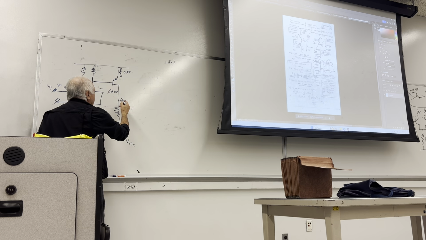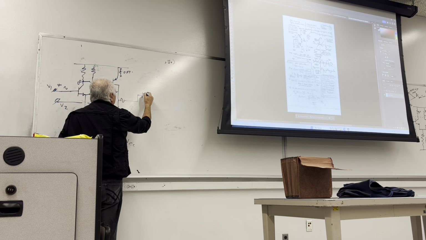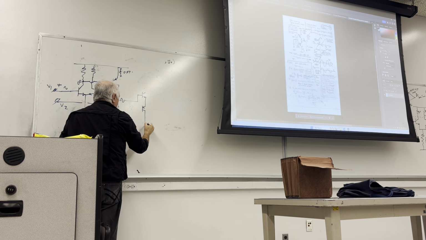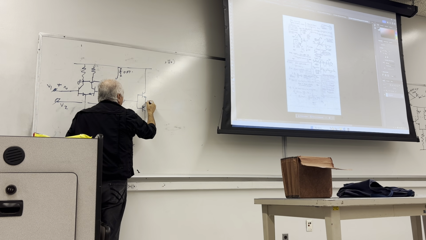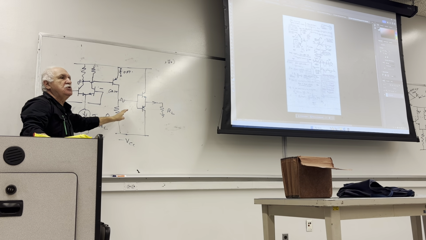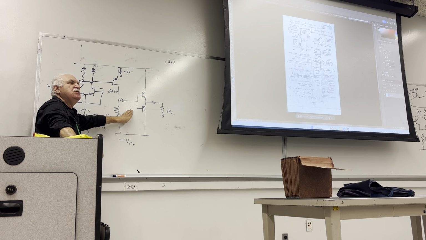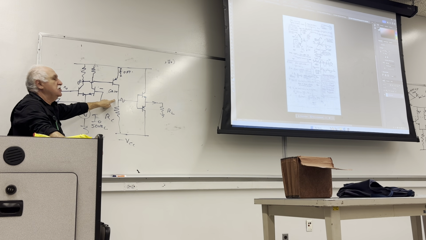So what they do, they take that to this particular amplifier, in an unmodified form. This is not modified yet. Then this will go to a low resistance, RS. So this is known as the buffer. It's like an emitter follower. Emitter will follow the signal over here.